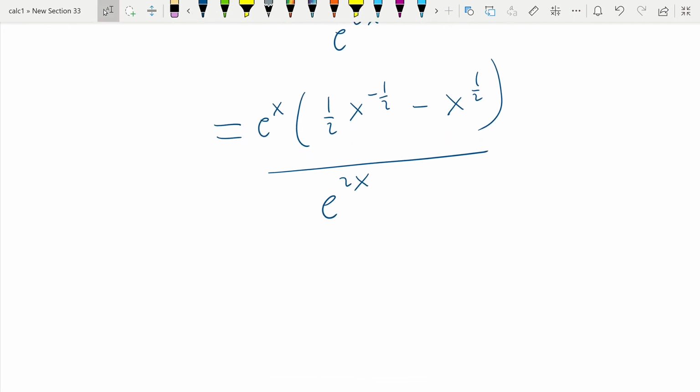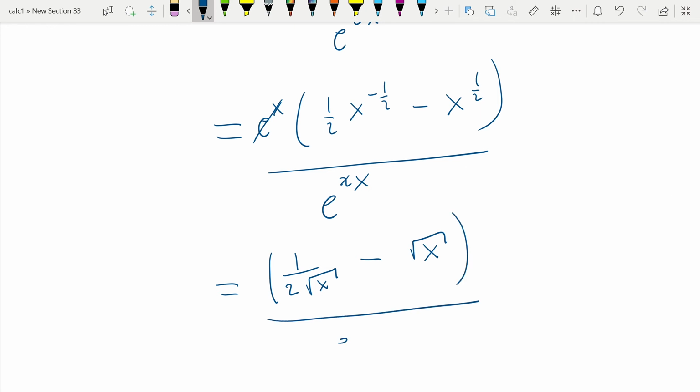And here we may cancel one of the e to the x's, and we may simply write this using the square root notation. So this is 1 over 2 times the square root of x, minus the square root of x.